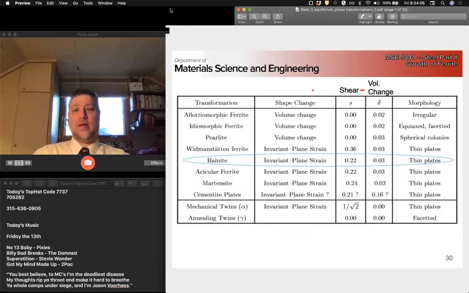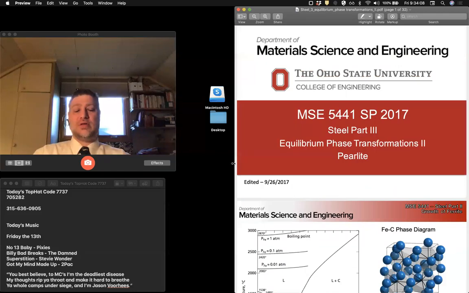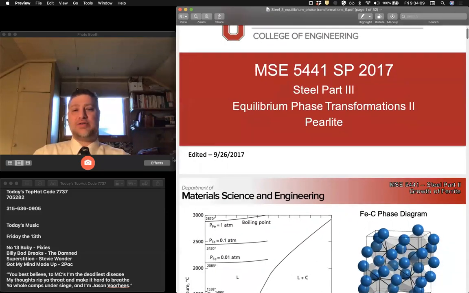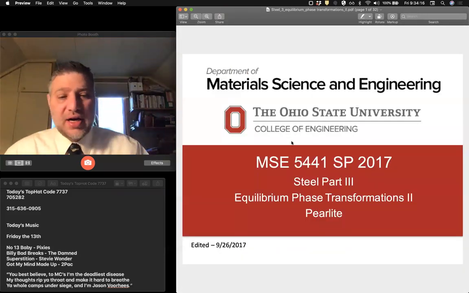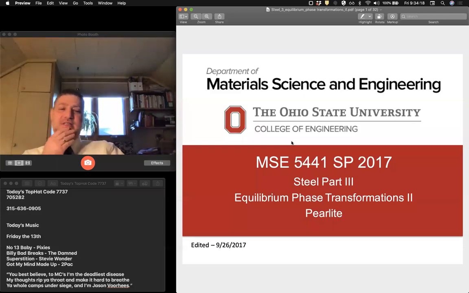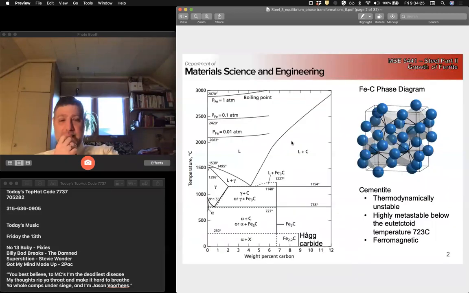Okay. So let's go back to talking about diffusional transformations, and let's talk about the nucleation and growth of pearlite, because this is really interesting, right? So remember that if we come down, we're going to form ferrite from the austenite phase field.